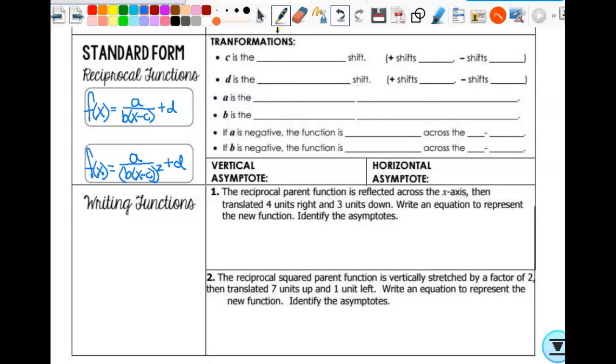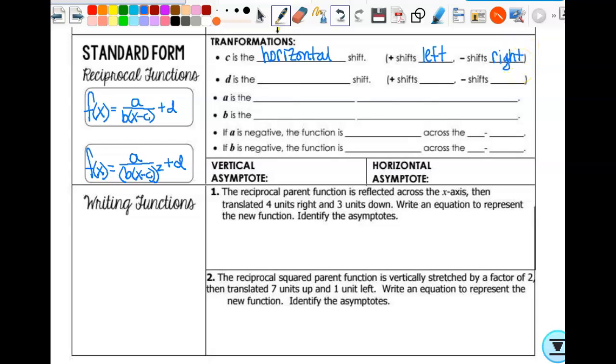So this C here, is this C going to be something horizontal or vertical? Horizontal because it affects x. So C is the horizontal shift. If it's x plus C, which way do I go? Left. And if it's x minus C, I go right.